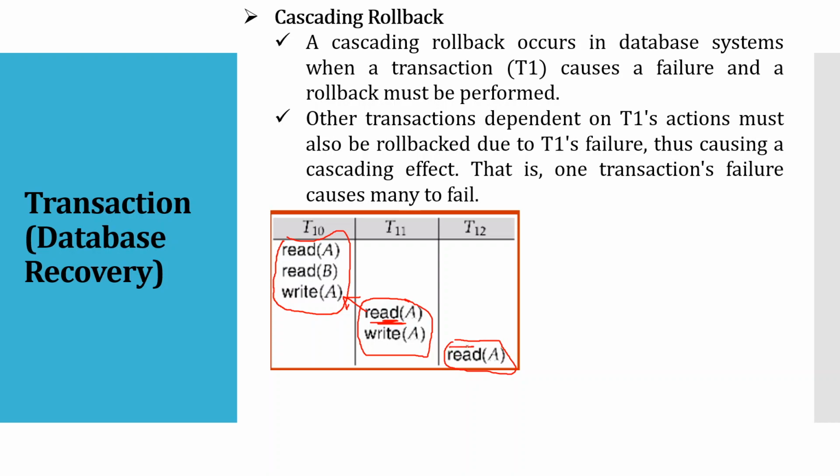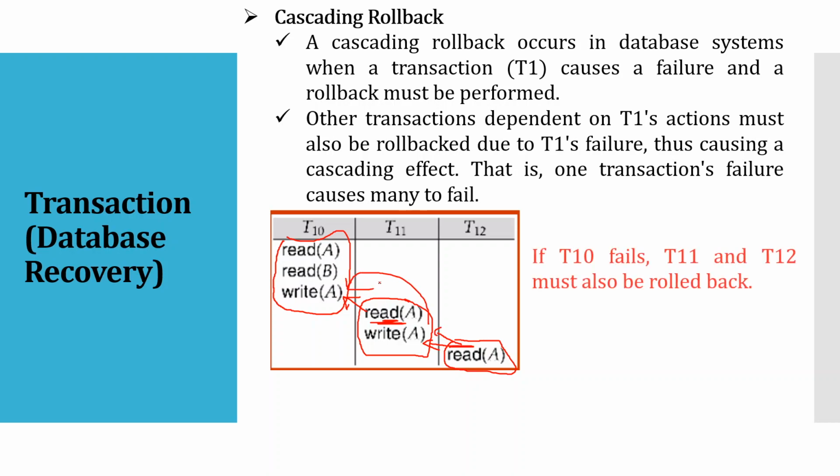Similarly, this read A is dependent on this write A, because whatever data is written by this transaction will be read by T12. So T10 is reading and writing, and this write is referred to by the read of T11, and the write of T11 is referred to by T12's read operation. So there is a dependency here and a dependency here.